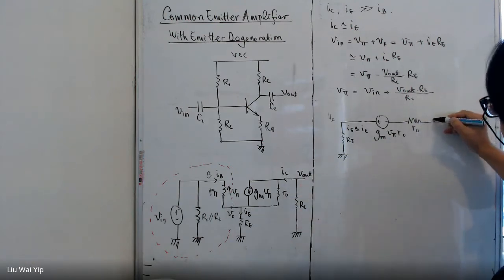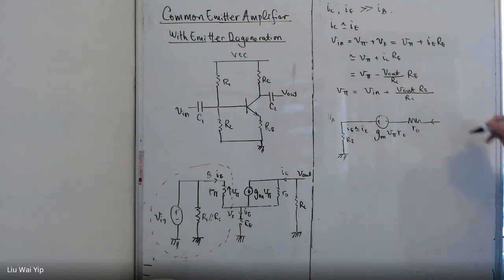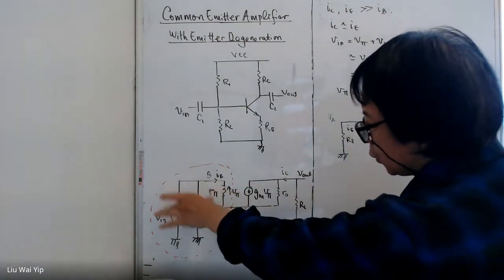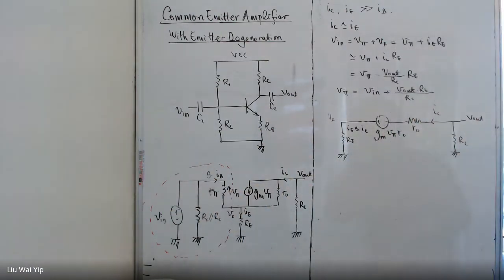And then the current here will be IC. And this is just an approximation. With this approximation, we have ignored the base current.